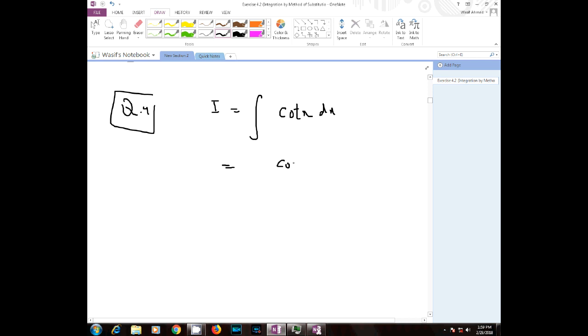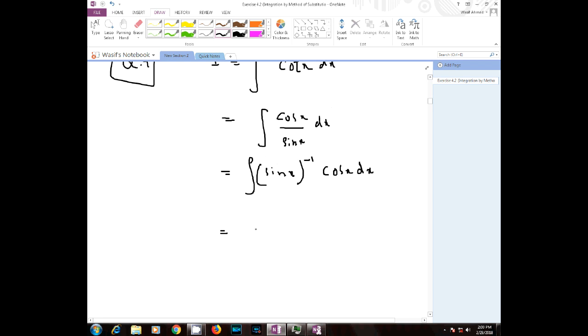So this could be written as cos x divided by sin x, and this is obviously equal to sin x raised to the power -1 multiplied by cos x dx. So by using the rule of integrals, this is equal to natural log of sin x plus a constant of integration. This is question number 4, its answer.